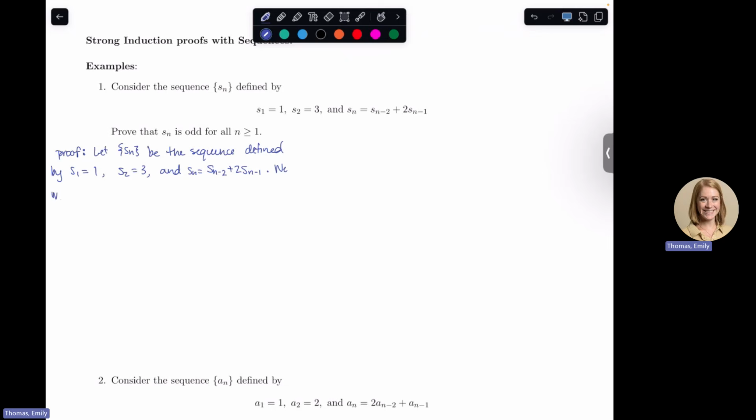We will use strong induction to show S sub n is odd for all n greater than or equal to 1.